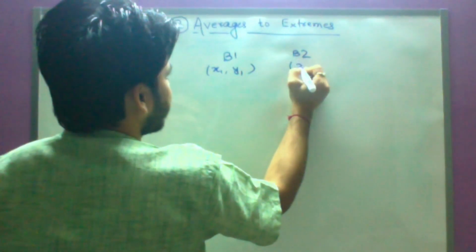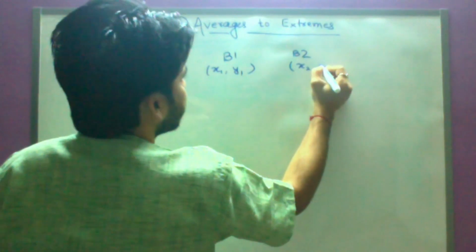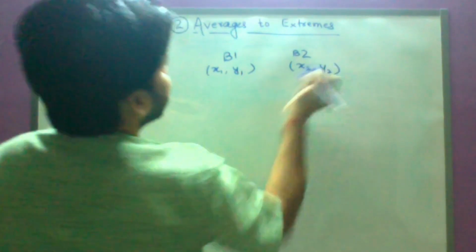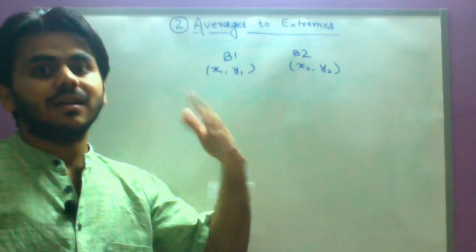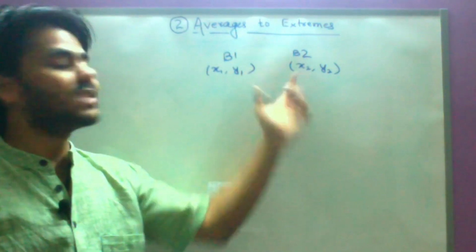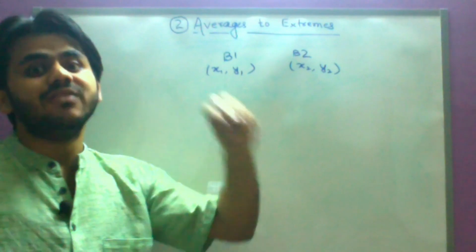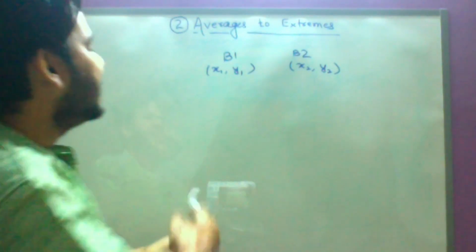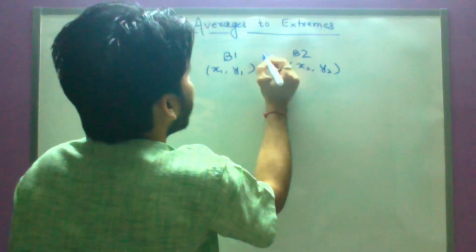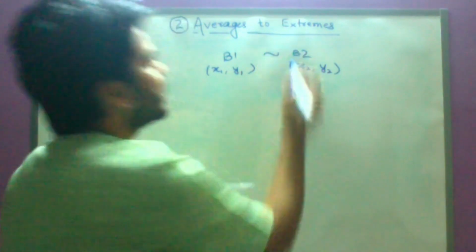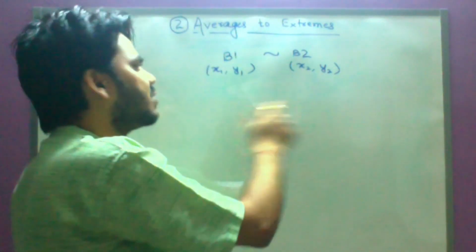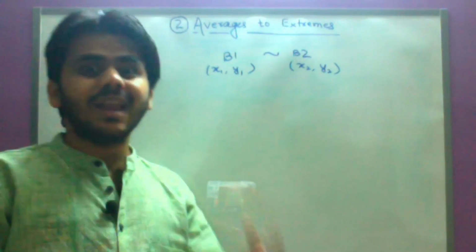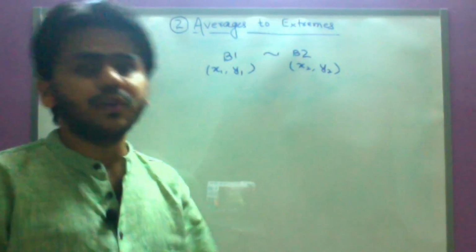This will have x2 and y2. So these are our extremes, and let's also assume that these two bundles are on the same indifference curve, which means that you are indifferent between these two bundles. In that case, if I take a weighted average of these two, I will have a preferred bundle.